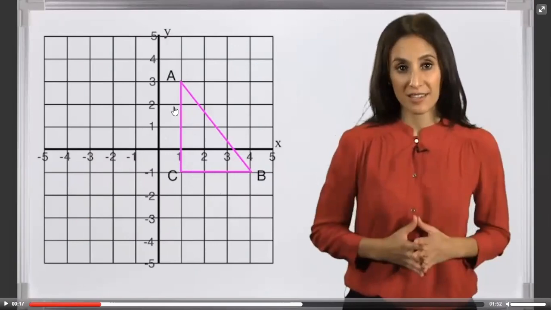This would be the second leg. The side AB is the hypotenuse because this is the right angle. When we're talking about the distance formula, we're going to be looking at the distance between A and B, because these we can count. We can just count the boxes, 1, 2, 3, to go from C to B. That's what the actress here is doing. 1, 2, 3, 4 from C to A.